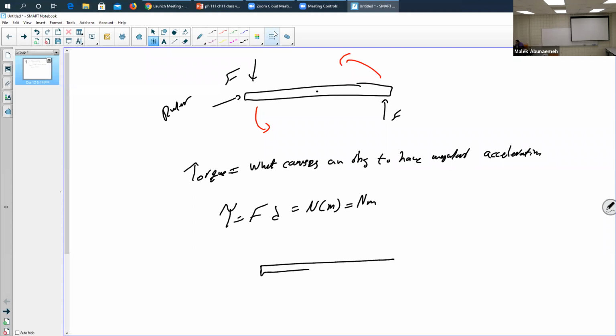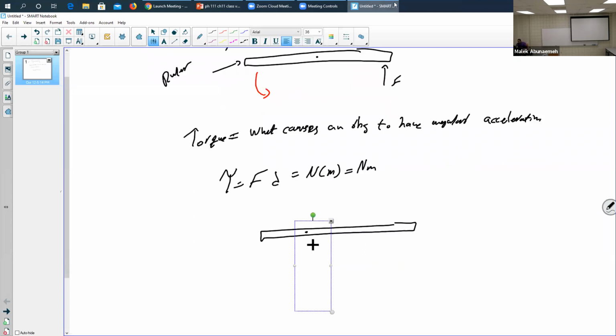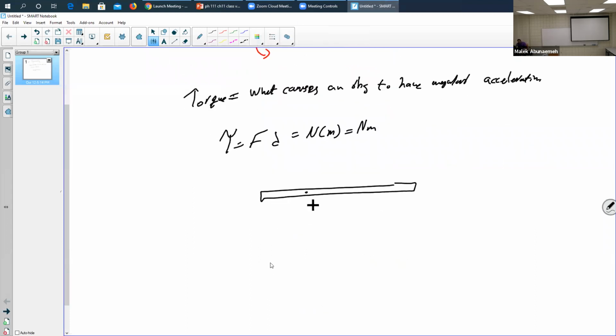So let's say this is our little ruler right over here, and we have the pivot right over here. Now, let's say we got a force of 5 newtons at a distance of 10 meters. And at a distance of 5 meters on the other end, we get another force that's going to keep this in equilibrium.